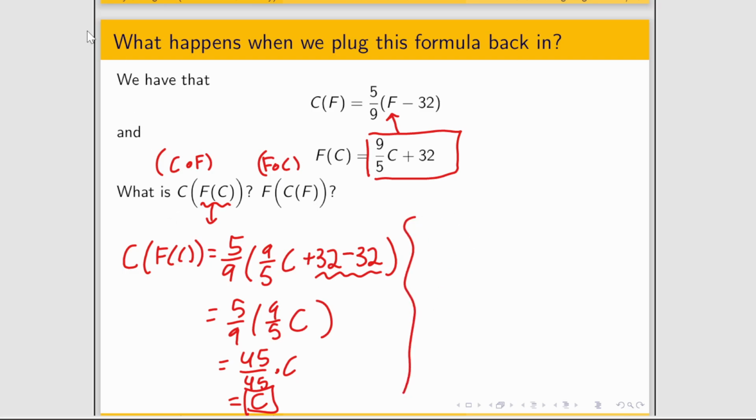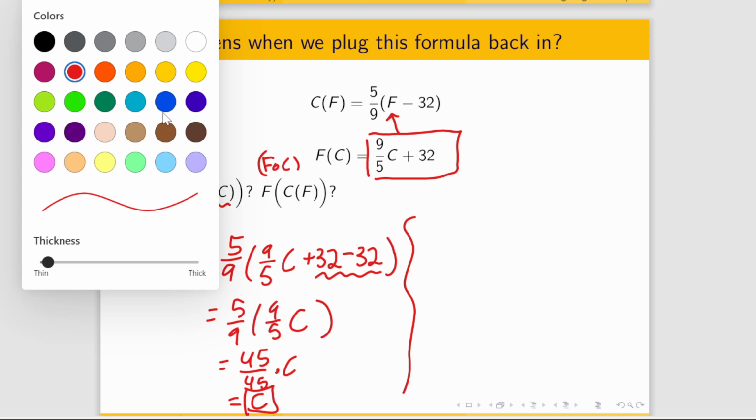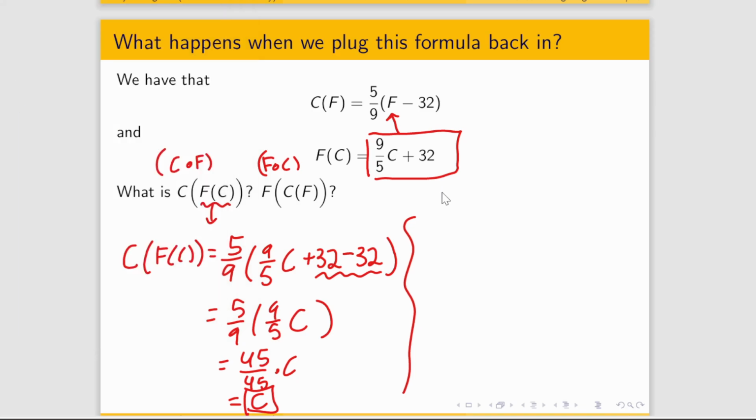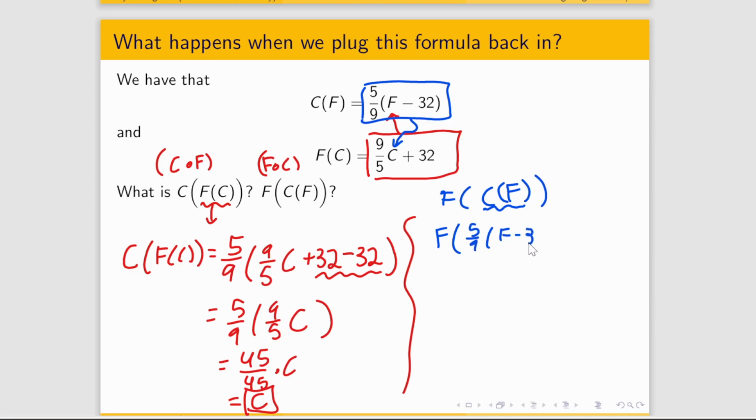Let's try it the other way around as well. So if I'm looking for f of c of f, that's saying plug the c of f function in for c everywhere you see it on this outside function f. So let's try that. That's asking you to plug in the c function, 5 over 9 times f minus 32, into the f function.